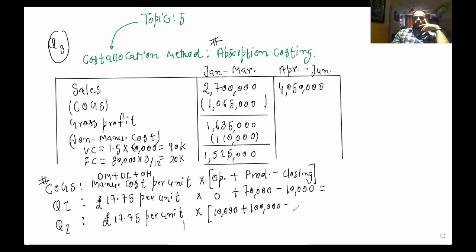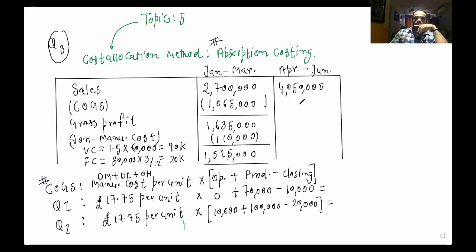And how much is closing? 20,000. So 110 minus 20 is 90. 90 multiplied by 17.75.